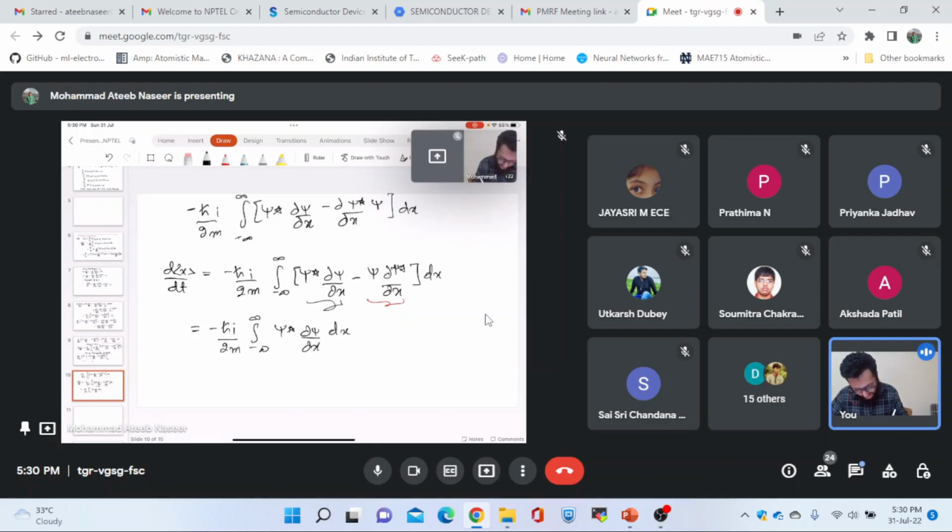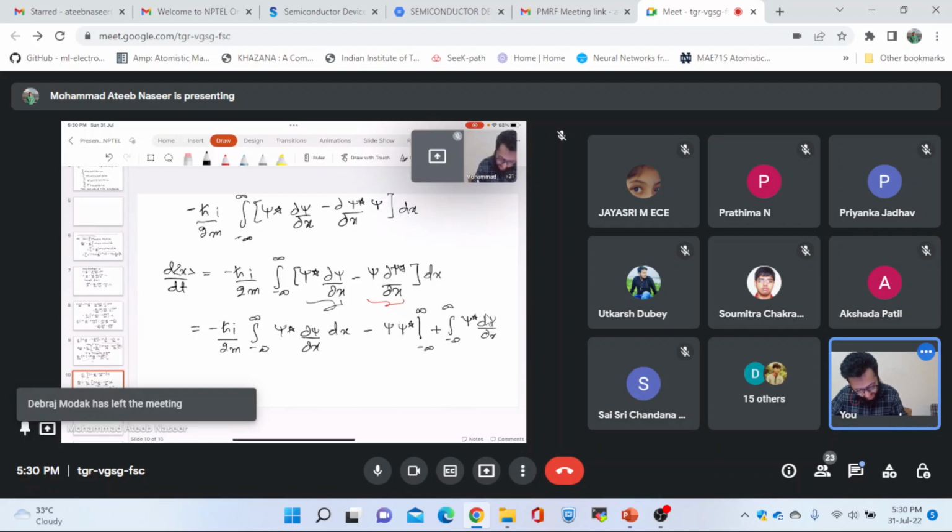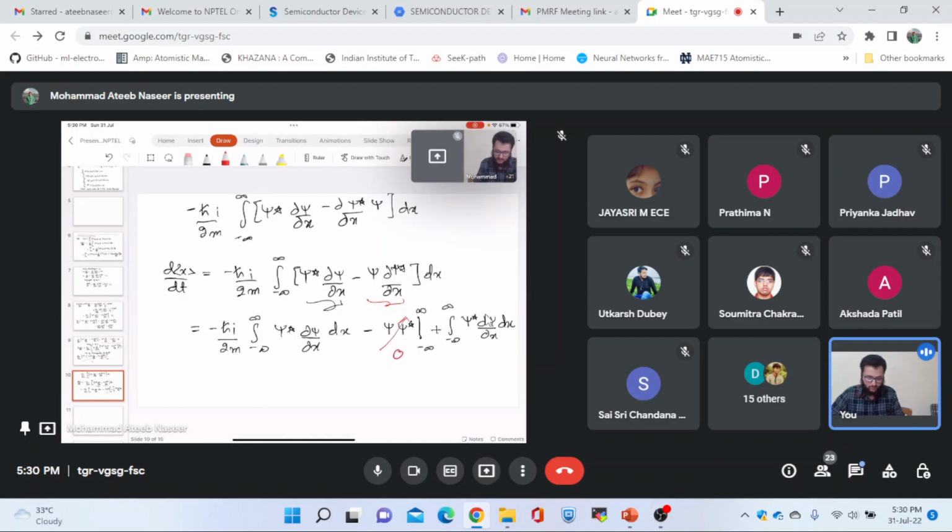So what we will be getting is simply minus psi into psi conjugate with the limits between minus infinity to infinity, and the second term will simply be minus infinity to infinity psi conjugate d psi by dx integrated over dx. As we know, this term must be 0 for the system to be physically realizable, and that was the condition that we had taken previously in the beginning.